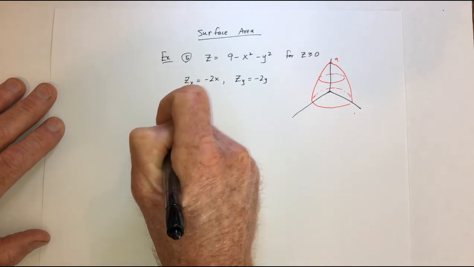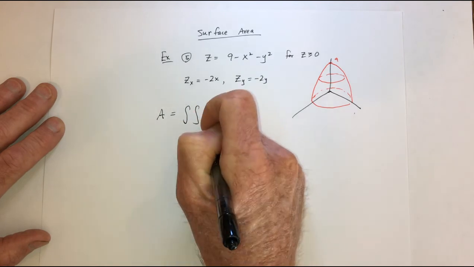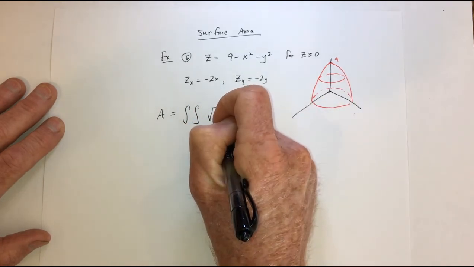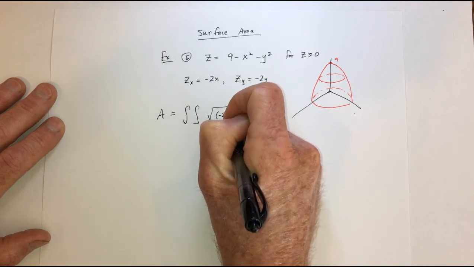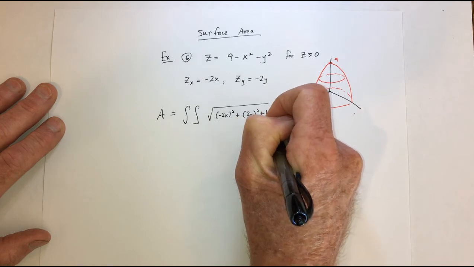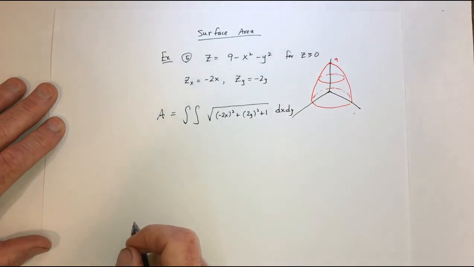And then the surface area is going to be a double integral. And then you square each one of these. So negative 2x gets squared, negative 2y gets squared, add a 1, and then either do dx dy or dy dx.